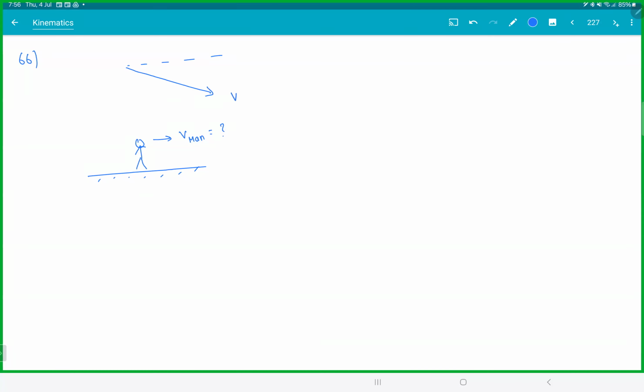The rain is falling like this. We'll write it as VRG, meaning velocity of rain with respect to ground. It's 10 meter per second. This angle is 60 degrees. Find the velocity of the man if, first question, he sees the rain falling vertically.